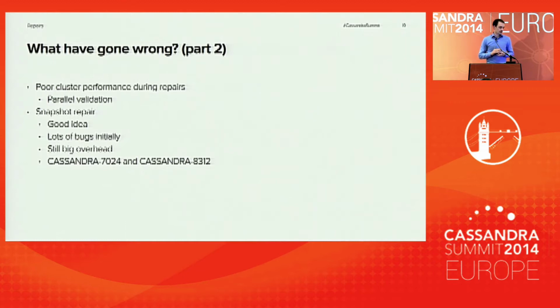There are patches in upstream Cassandra to fix this. One is in 2.1 that only snapshots the part of the range that you're repairing. So even if you have thousands of SSTables, you only snapshot those SSTables containing the range you need to repair. There's also a patch that we submitted, which hasn't been reviewed yet, that fixes this in 2.0 in a different way.